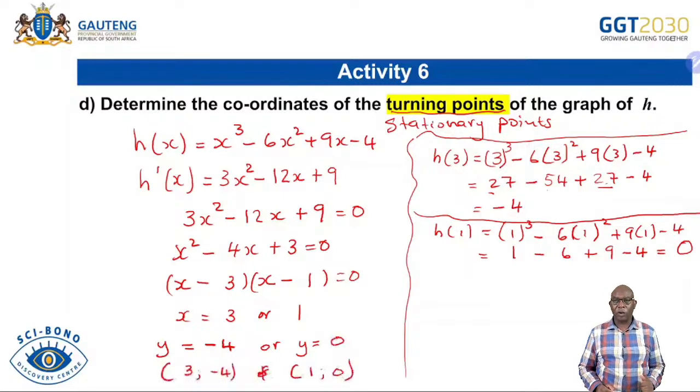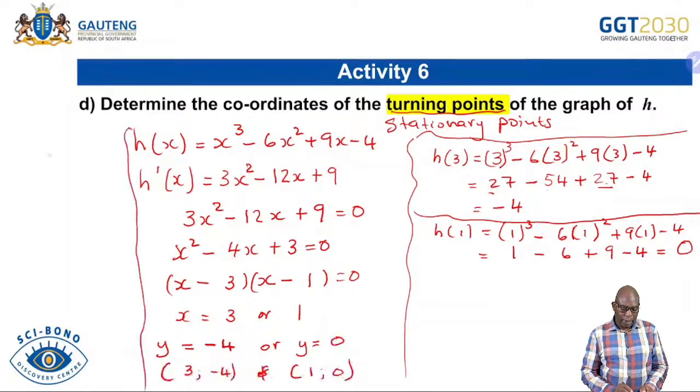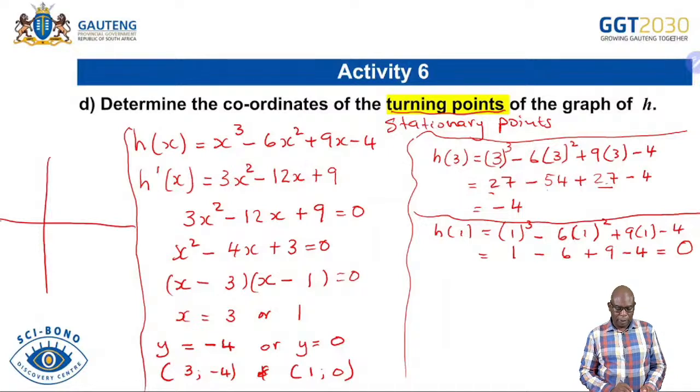So if I had to draw my sketch already, I already know that I've got a negative 4. Now I have a turning point. My turning point is 3 and negative 4, somewhere there. I already know I've got another one at 1, somewhere here.